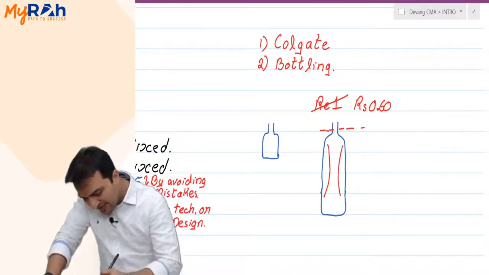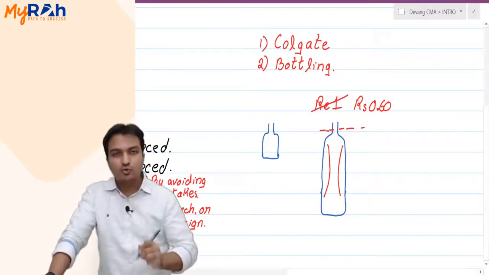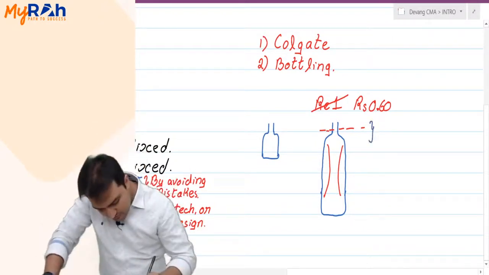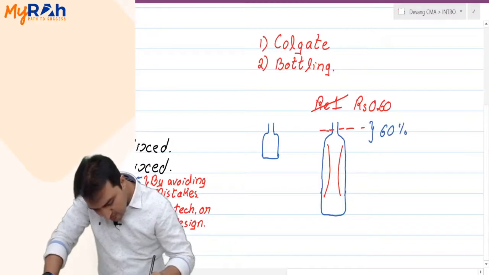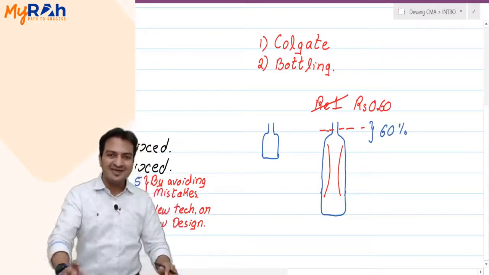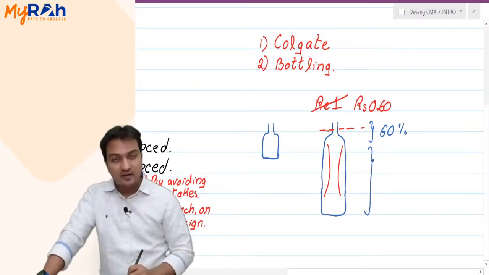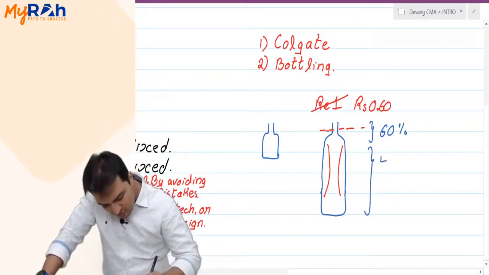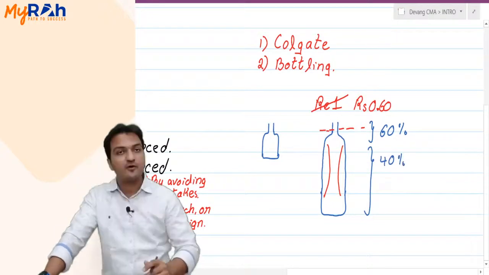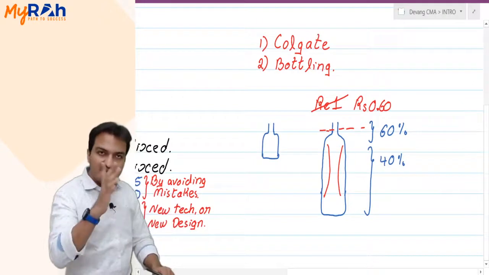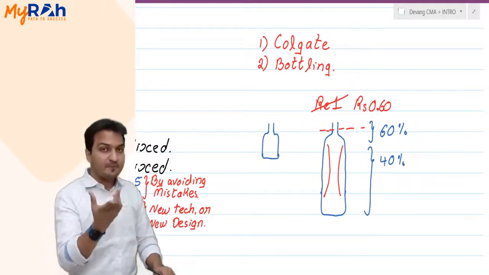They might have analyzed that out of the total material consumed in making the bottle, almost 60% of the material was consumed in the neck part itself. The rest of the body, although it looks bigger, consumes only 40% of the plastic. So 60% of the plastic was used only in the neck part because it was very thick plastic there.